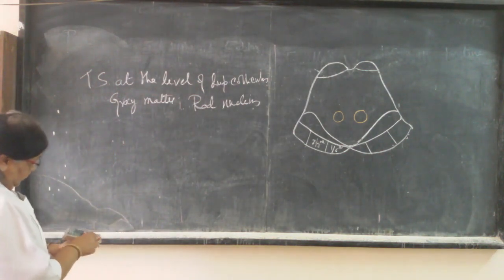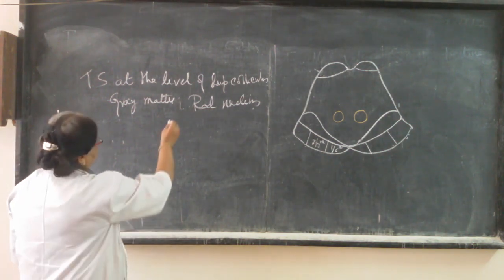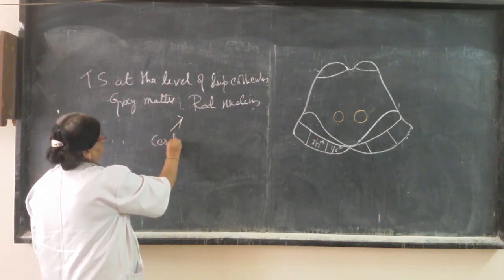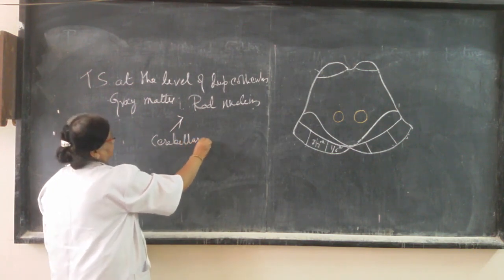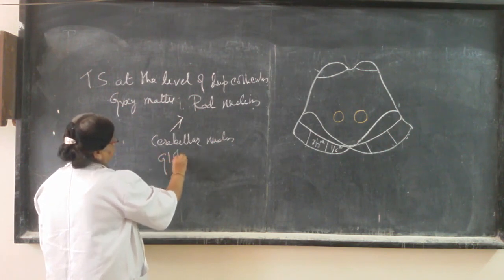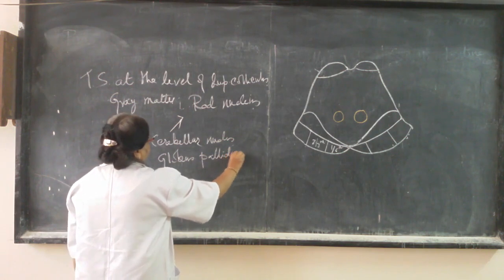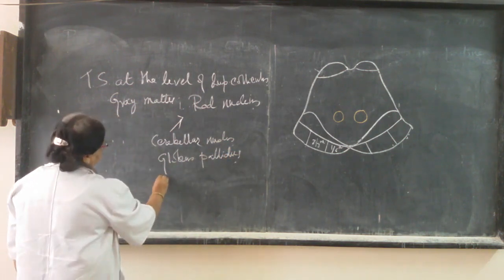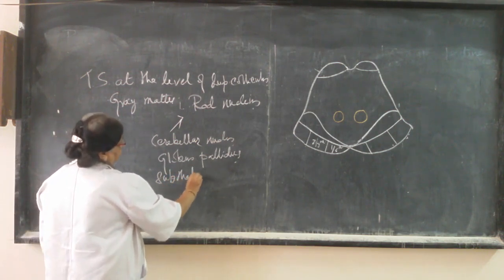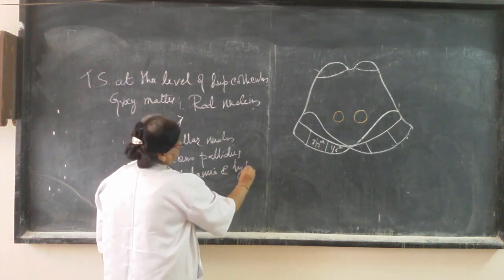The red nucleus receives afferent fibers from cerebellar nuclei, globus pallidus, subthalamic and hypothalamic nuclei.